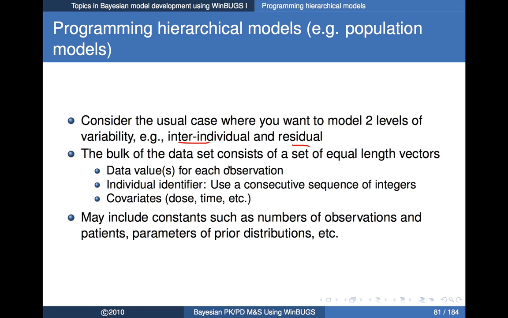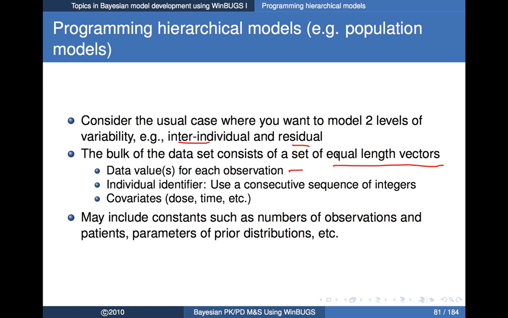So we'll have a data set where the bulk of it basically looks like a NONMEM data set, in the sense that it consists of a set of equal length vectors, which is equivalent to a square table, and that will include, for example, data values for each observation.